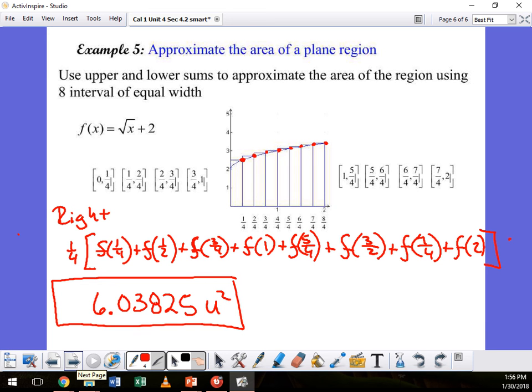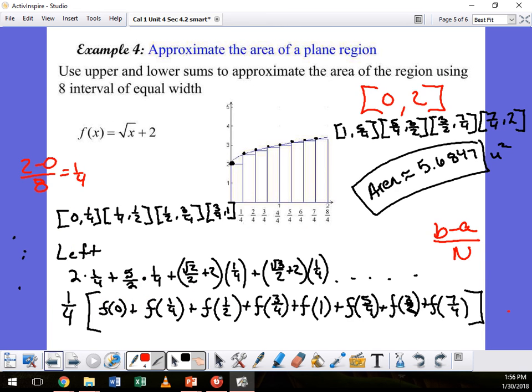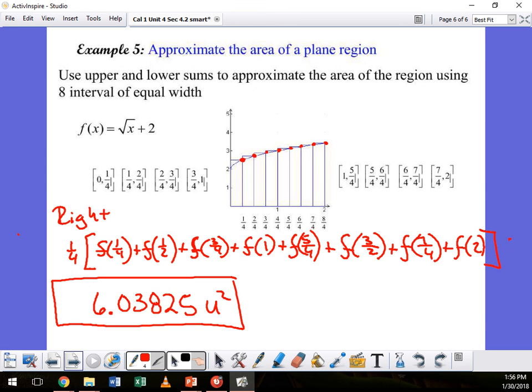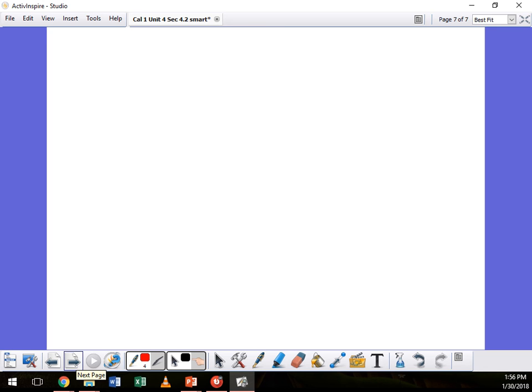So I know that my estimation should be less than this, but more than this one here. So somewhere in between. So you just need to understand that you are taking the area here and somehow guesstimate solving for it.